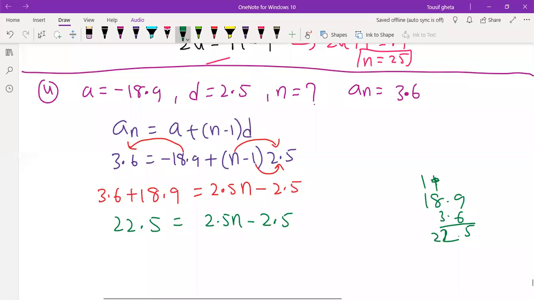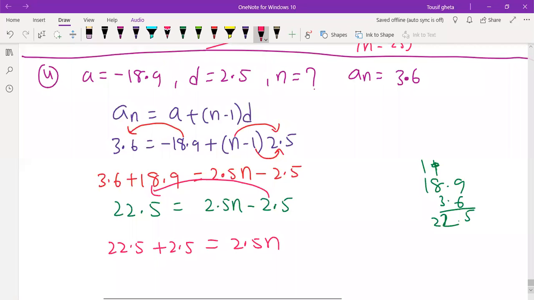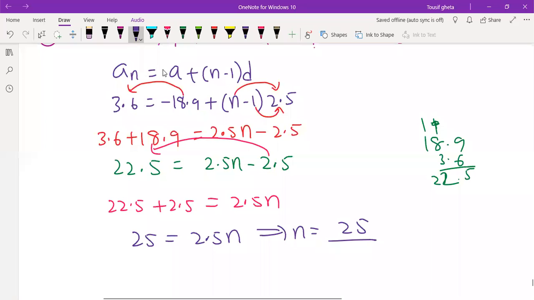Now this 2.5 you can take this side, it will become plus, is equal to 2.5n. Correct? So this is 22 plus 2, 24.5... 25 is equal to 2.5n, and you will get n is equal to 25 divided by 2.5.